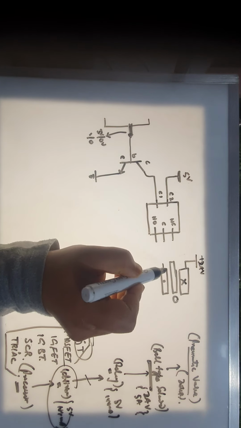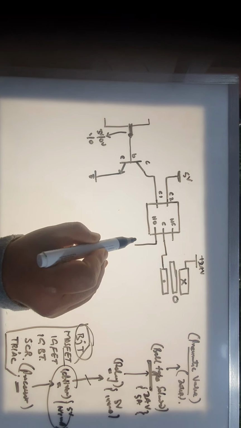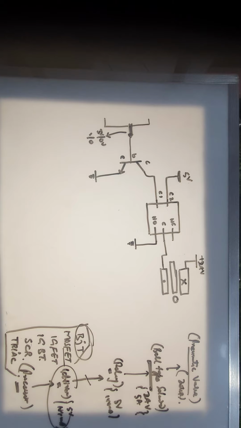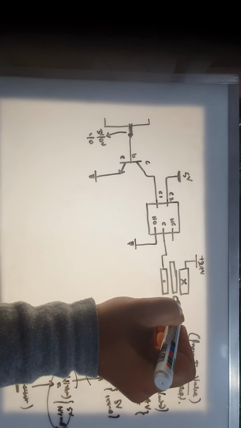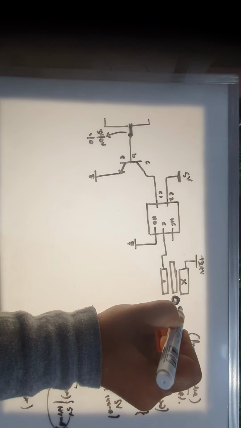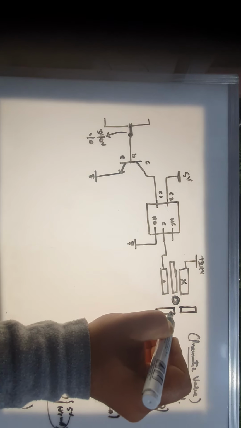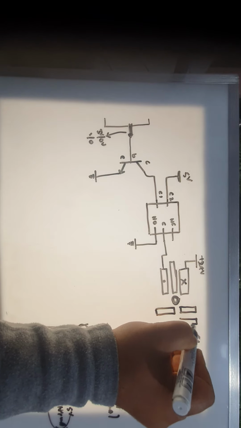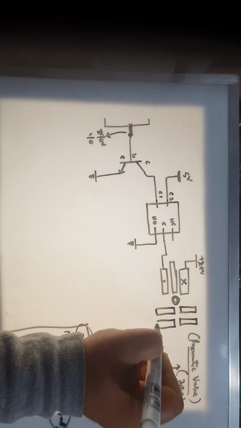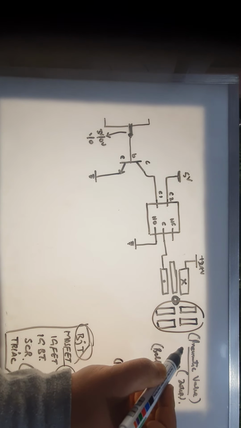Then the second point will go to the common and NO will go to ground. Then this plunger or this ball will be used to control, let us suppose, your pneumatic valve.